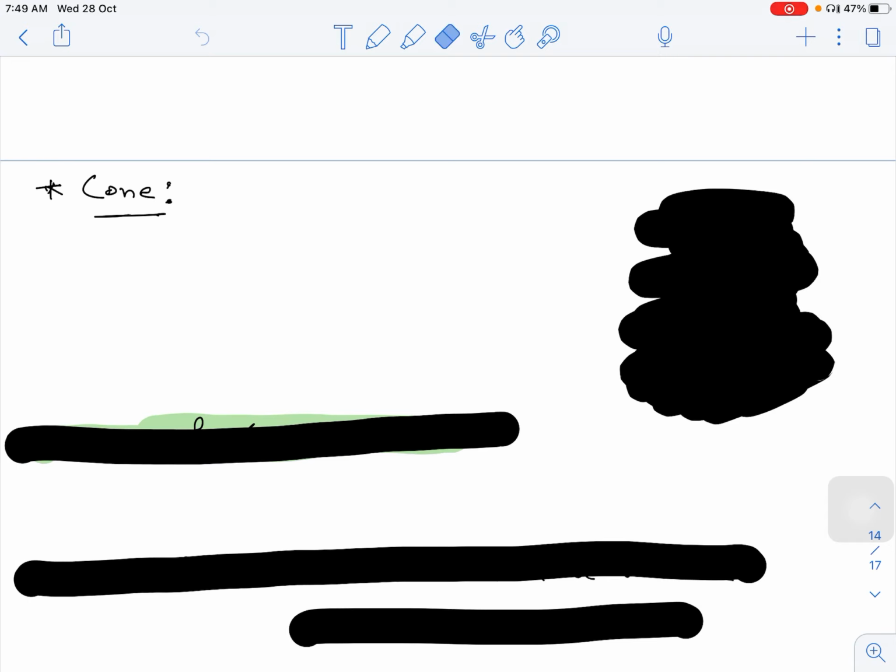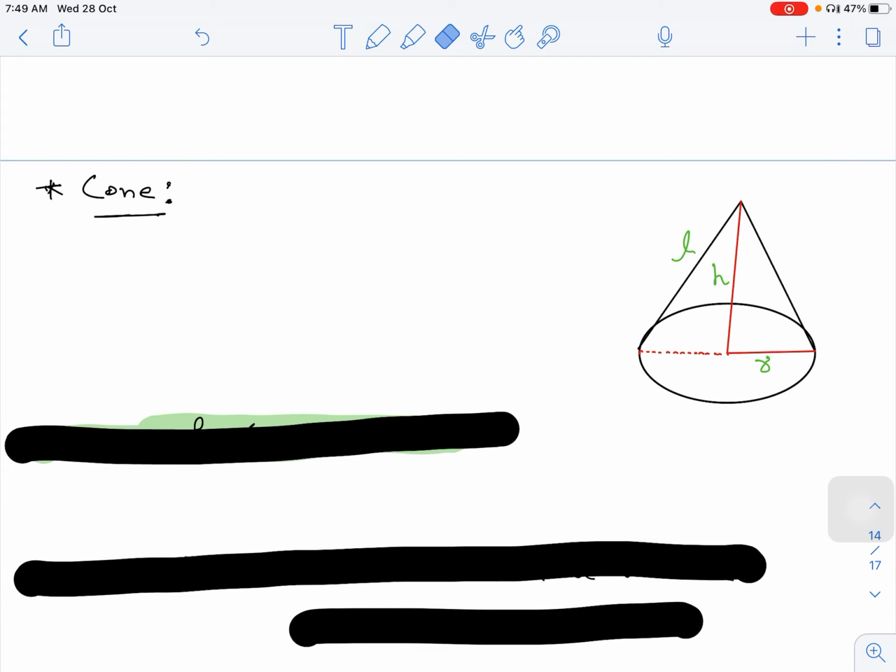Now, you all must have seen the figure of a cone. For example, you must have seen an ice cream cone. This one is also an example of a cone. It may be in this way also.